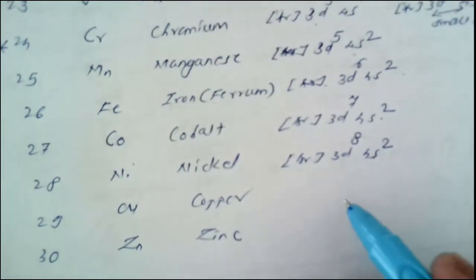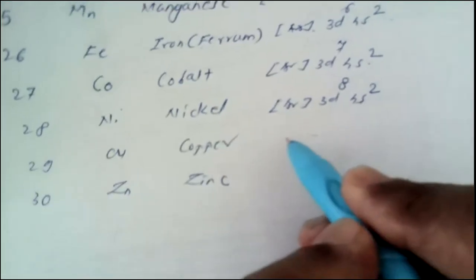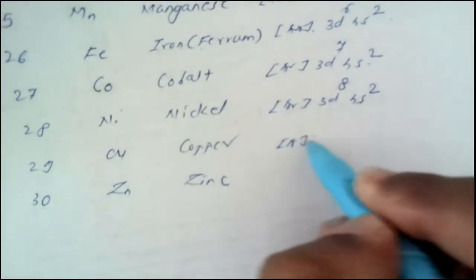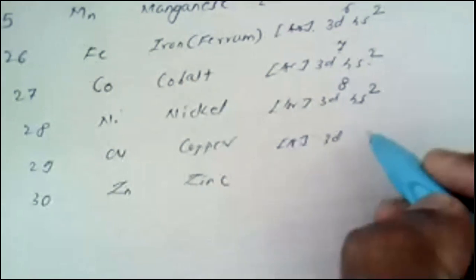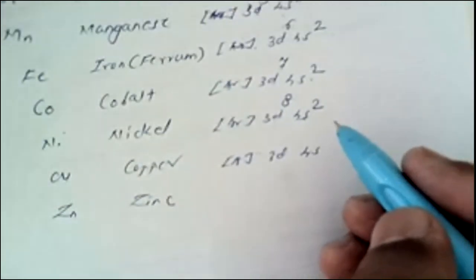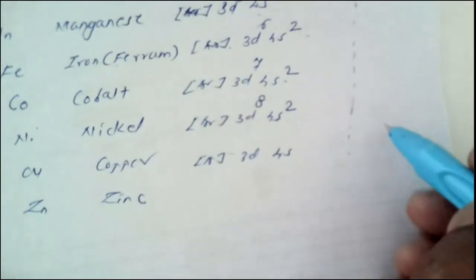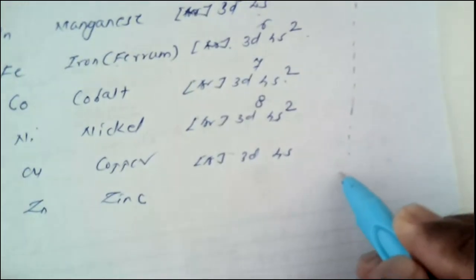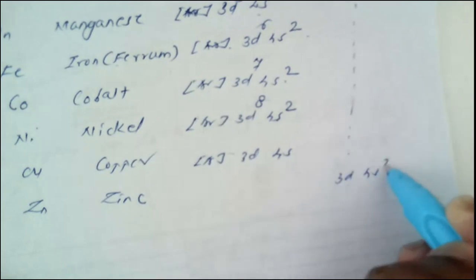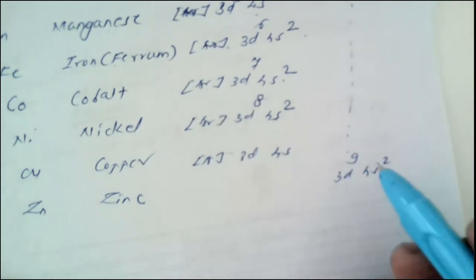Now, after nickel, atomic number 29 is copper. For copper, again we have to write 3d and 4s. Now here, again there is a disruption at copper. As per this continuous build-up of electronic configuration from chromium onwards, the expected electronic configuration should be 4s2 and 3d9.